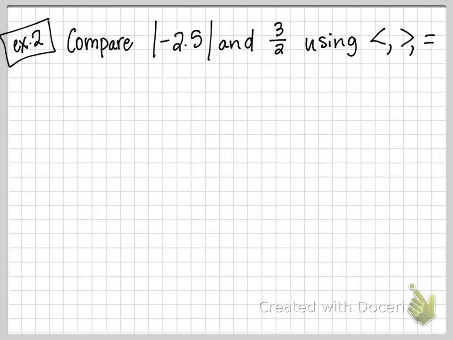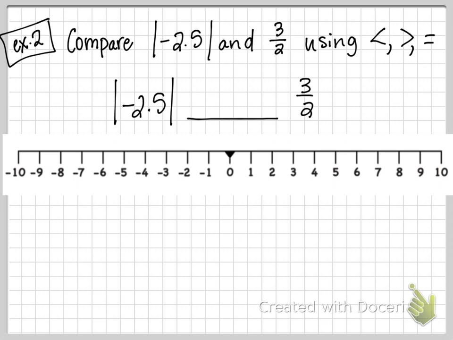Okay, part of this, and we've done this before, but we'll be comparing absolute value to maybe other absolute value or maybe to numbers that are not absolute value. So we're going to use, the number line will be helpful for this, and we're going to use our inequality symbols, less than, greater than, or equal to. So basically, it's asking us to plug in one of those inequality symbols.